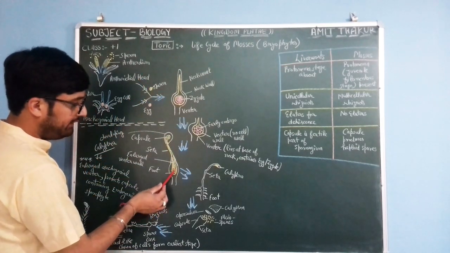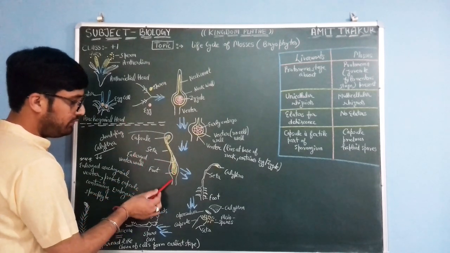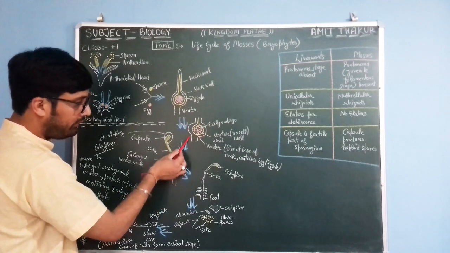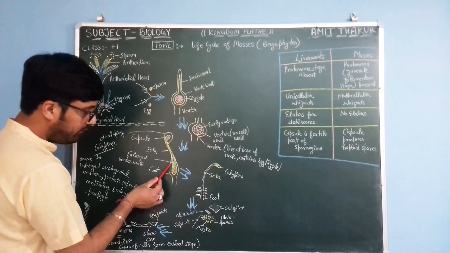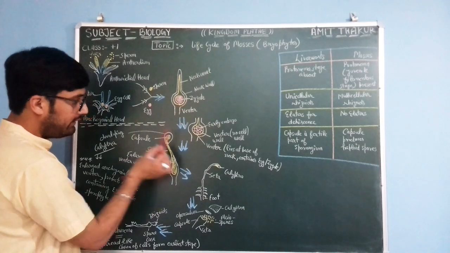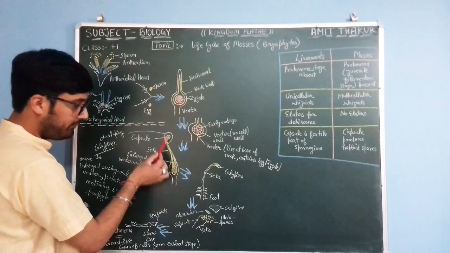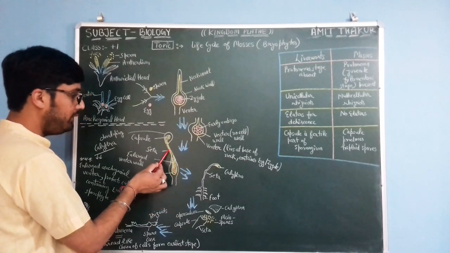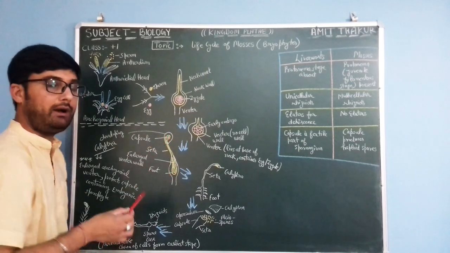You can see the structure over here. This is foot. This is actually this venter wall. This venter now gets enlarged. You can see enlarged venter wall, and this embryo now has started germinating. This is the foot part of embryo, seta part of embryo, and this is the capsule or head part.